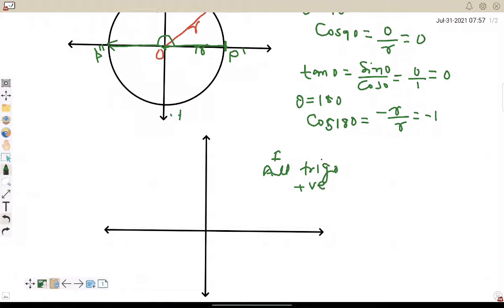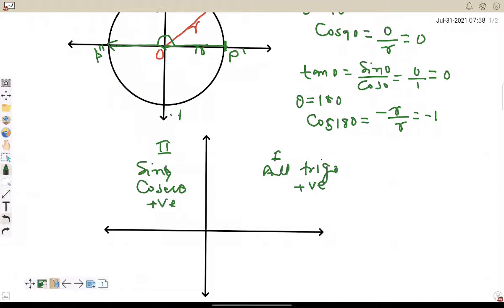All means sine, cos, tan, cot, secant and cosec, all are positive. In the second quadrant only sine is positive. If sine is positive, then the reciprocal of sine is cosec, so definitely cosec theta is also positive. The rest are all negative. Only these two are positive.